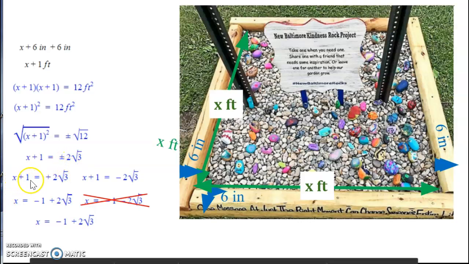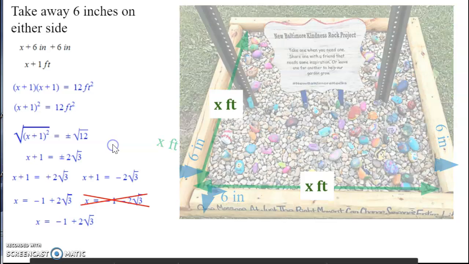That means X plus 1 is 2 root 3 or X plus 1 is negative 2 root 3. So X could be negative 1 plus 2 root 3 or X could be negative 1 minus 2 root 3. The second one ends up with a negative length, so we disregard that, and we're left with the length being negative 1 plus 2 root 3.